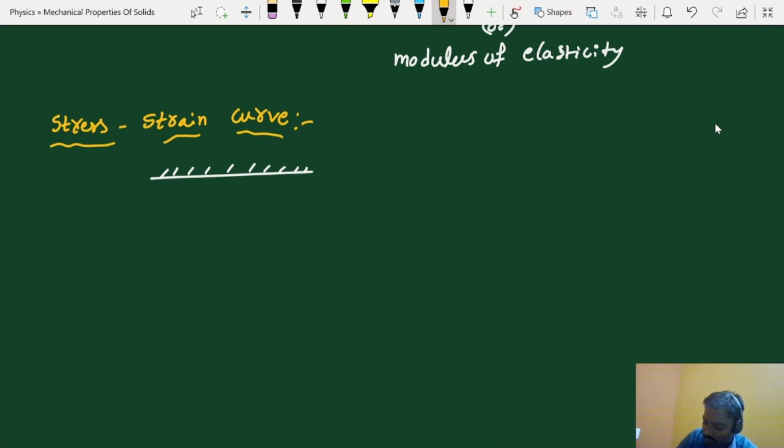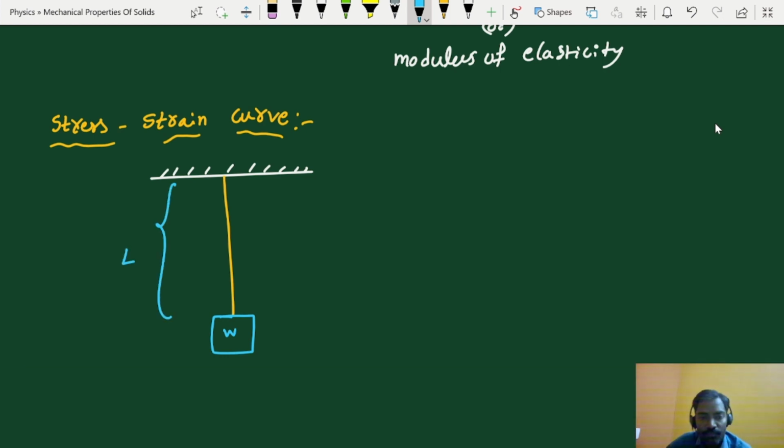Now, the free end of the wire is connected to a load. So here, first we have to note down the actual length of the wire. Now, once the load is attached to the free end of the wire, you have to note the elongation in the wire.